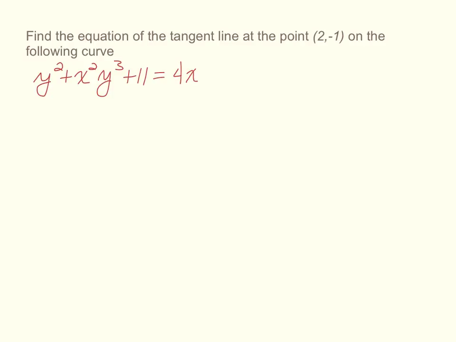When you use implicit differentiation, you can take the derivative of y just like you would the derivative of x. But every time you take the derivative of y, in this case we would use the power rule, 2y. When you take the derivative of that term, we need to attach to it a y prime.